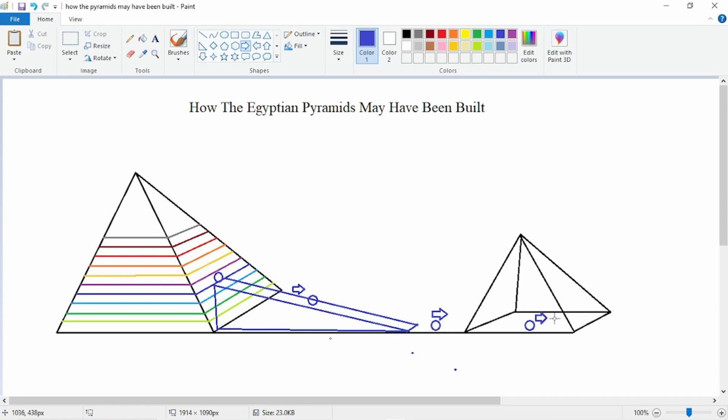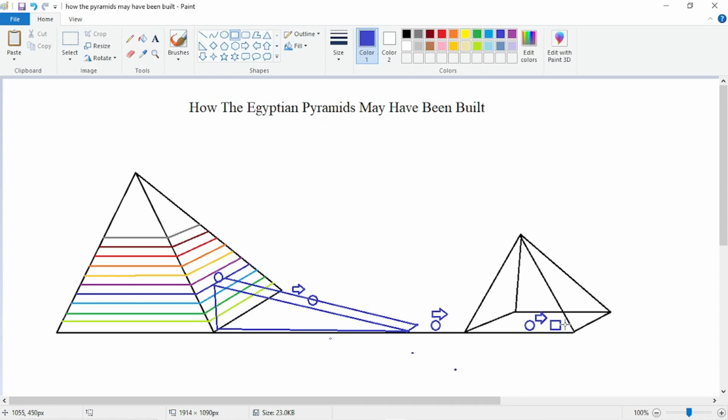And at some point it would stop, and then they would turn it into a square. The sculptors or chiselers, masons, whatever you want to call them, turn it from a round stone into a square stone, like a big cube.